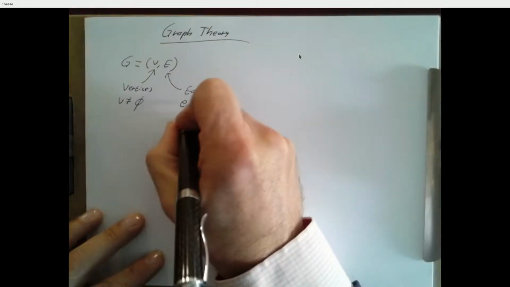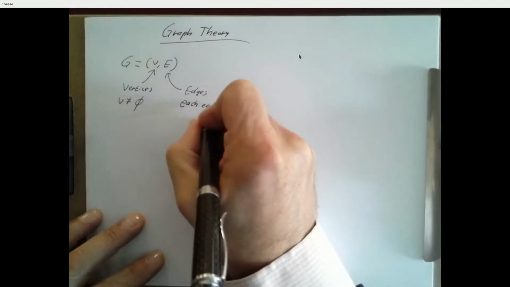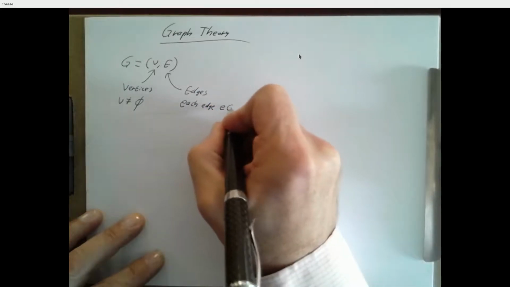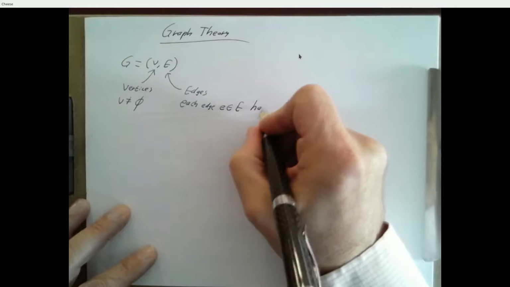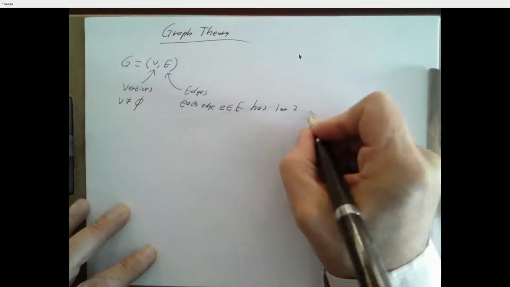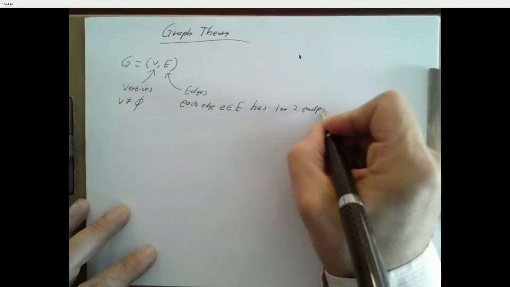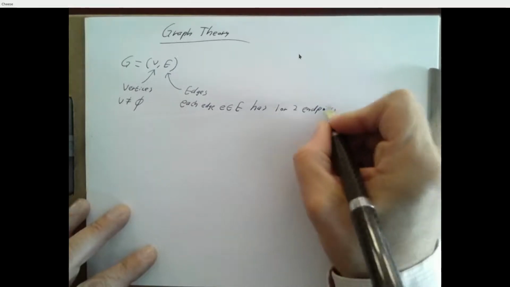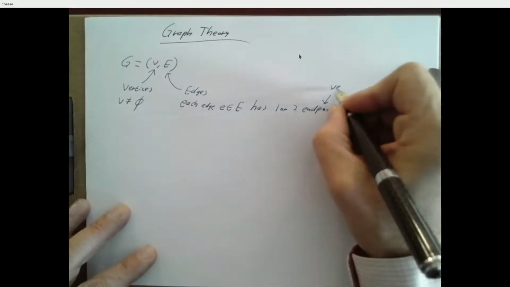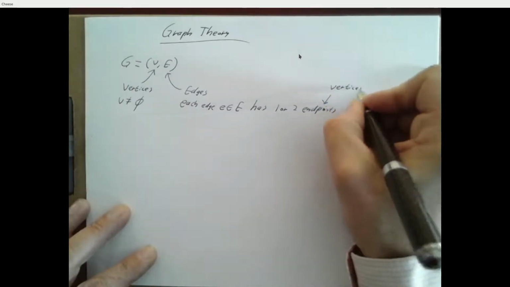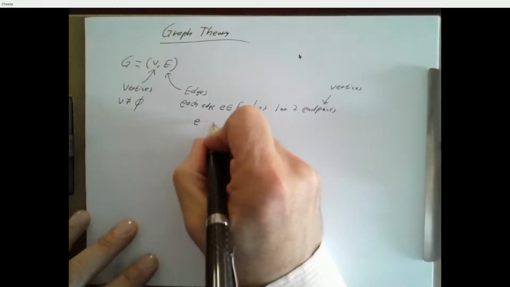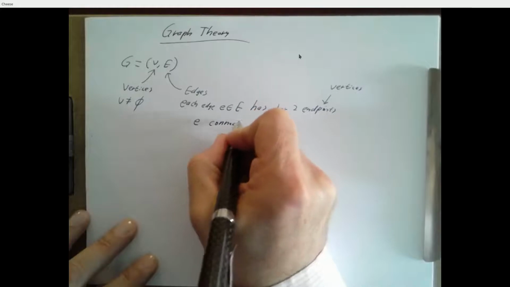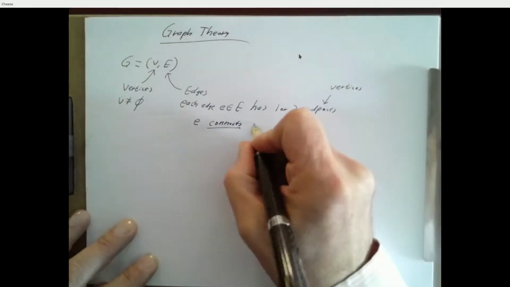And each edge, which is an element of E, has one or two endpoints. And the endpoints are vertices. So they're contained in V, and we say E connects its endpoints.